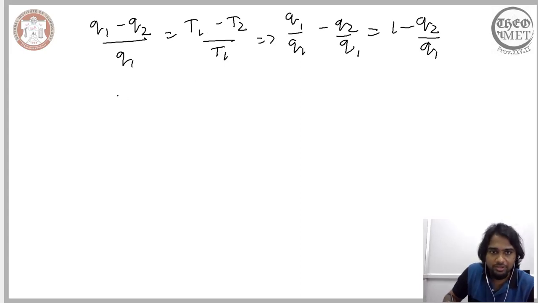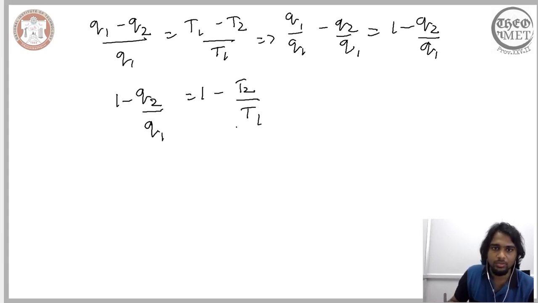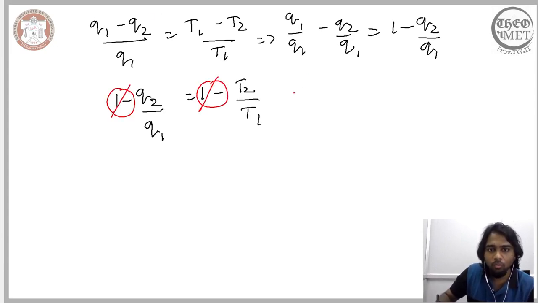So ultimately you end up with an expression like 1 minus T2 by T1. So what essentially we can do is these can be removed, and what you would end up having is Q2 by T2 is equal to Q1 by T1.